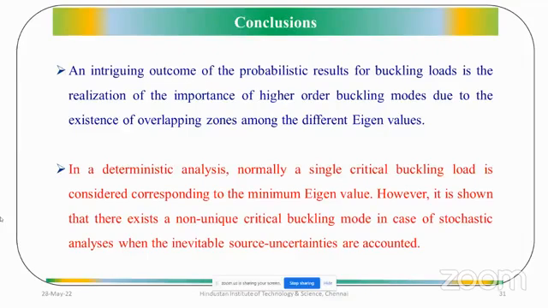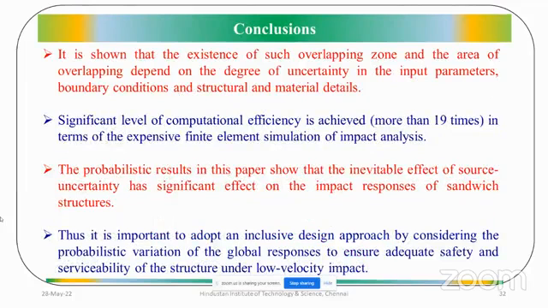Okay. So in a deterministic analysis, normally a single critical buckling load is considered, corresponding to the minimum eigenvalue. However, it is shown previously that there exists a non-unique critical buckling mode in a stochastic analysis when the inevitable source uncertainties are accounted for. In the previous analysis, it is shown that the overlapping zone exists and the area of overlapping depends on the degree of uncertainty.